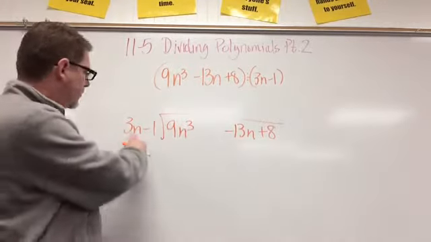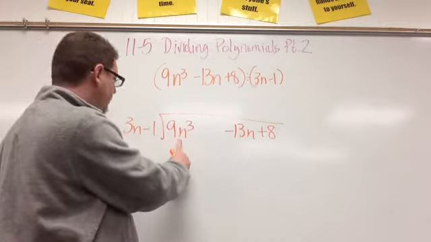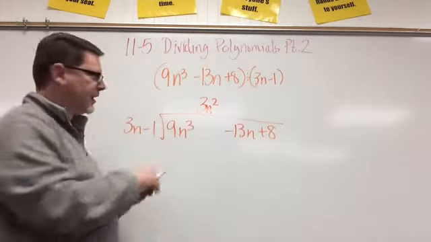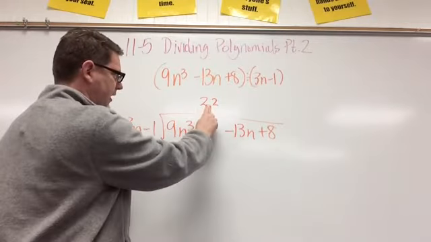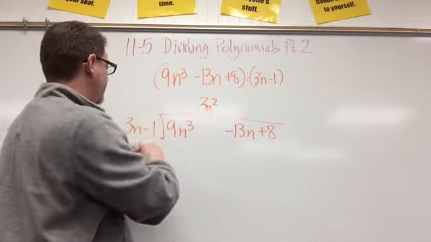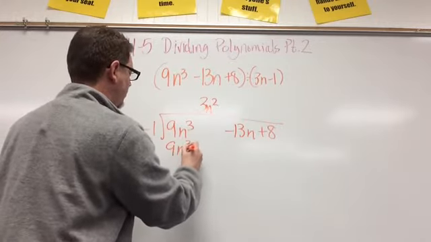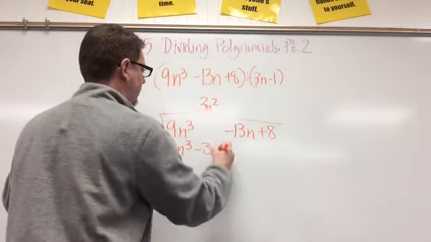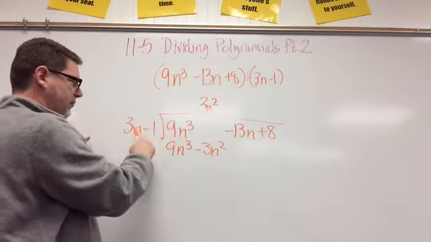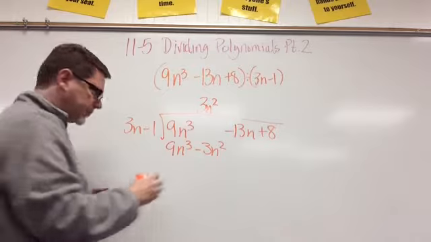Here's why. 3n goes into 9n cubed, 3n squared times. That's why I have to have this empty space, because I can't put the n squared over the n. That doesn't work. So 3n squared times 3n is 9n cubed, and 3n squared times negative 1 is negative 3n squared.